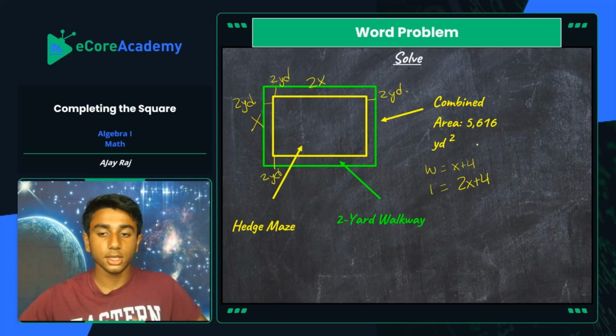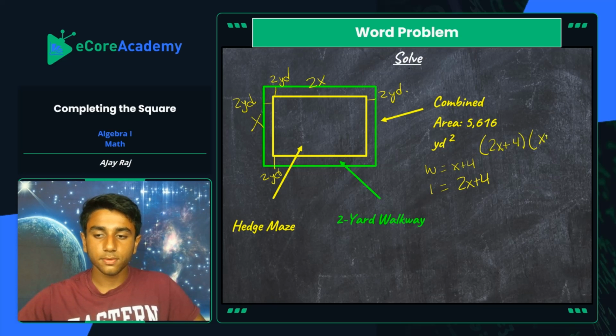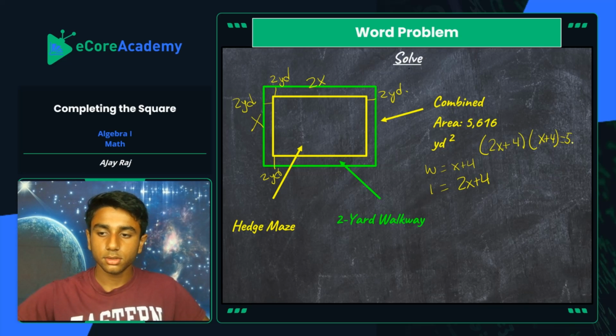We know that length times width equals the area of a rectangle, so we're going to multiply these values together. So (2x plus 4) times (x plus 4) equals 5,616.